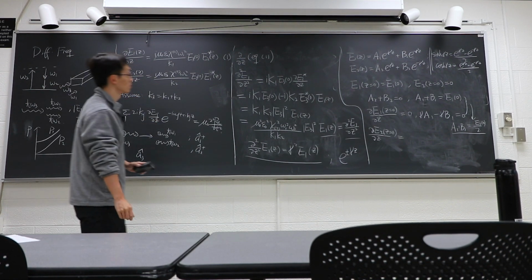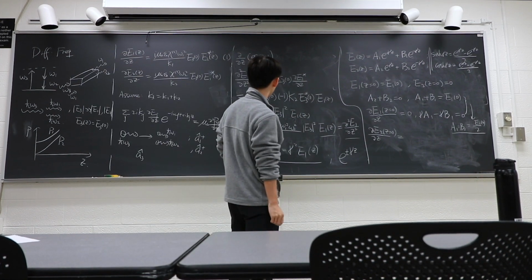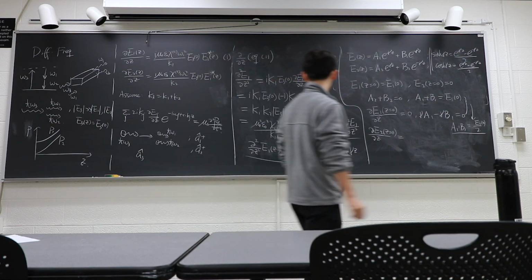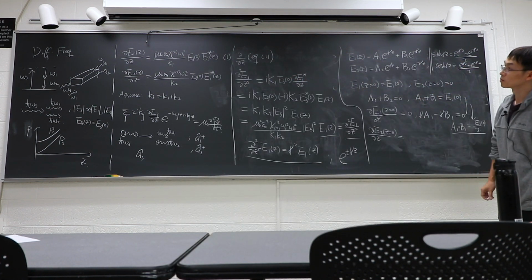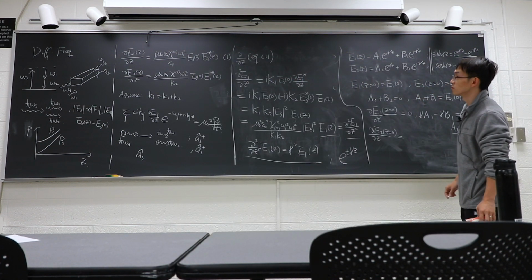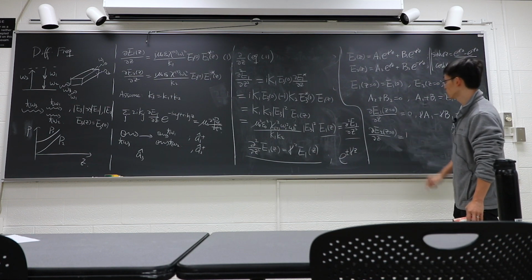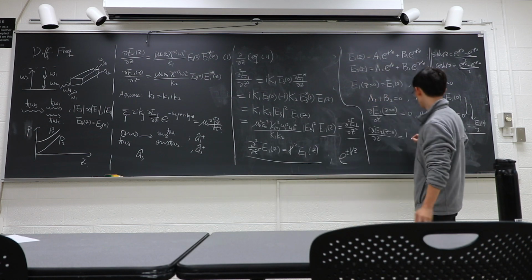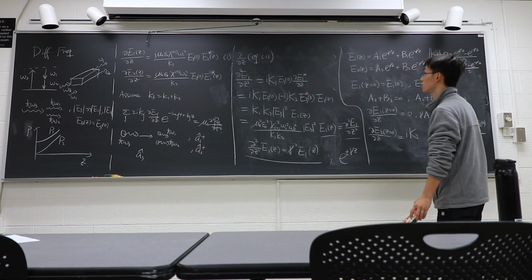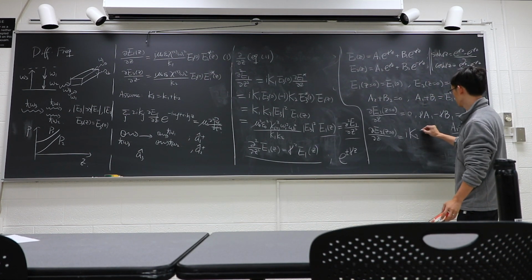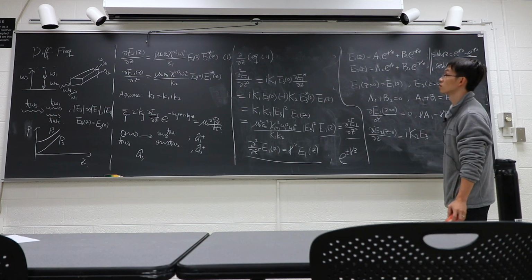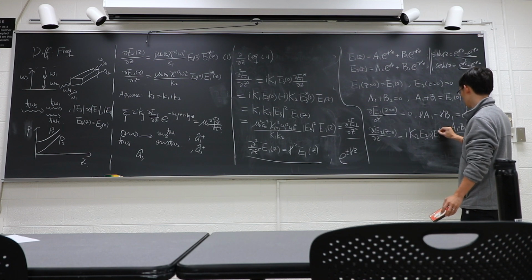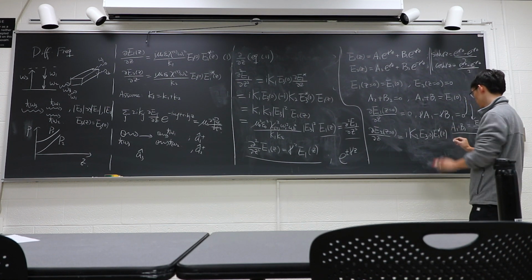So let's see how we can do it. I, and this coefficient I think we call it K2, and then there's an E3(0), E1(0).